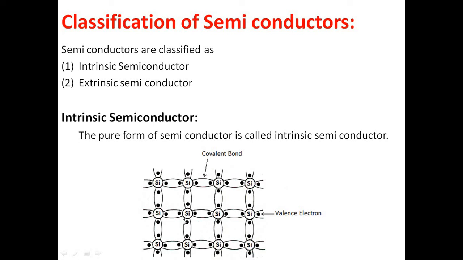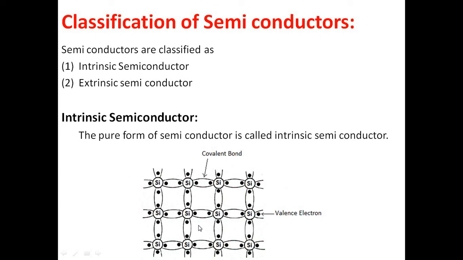The valence electrons are the electrons in the outermost orbit of an atom. We call them valence electrons. In case of silicon, we have 4 valence electrons. These 4 valence electrons make covalent bonds with the adjacent silicon atoms. There you have a complete covalent bond structure.